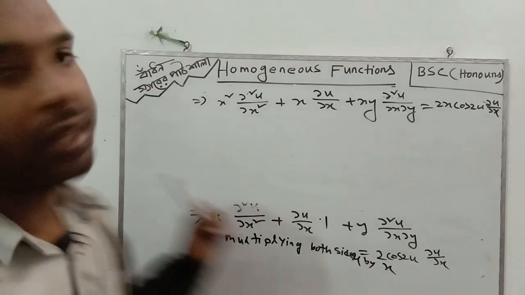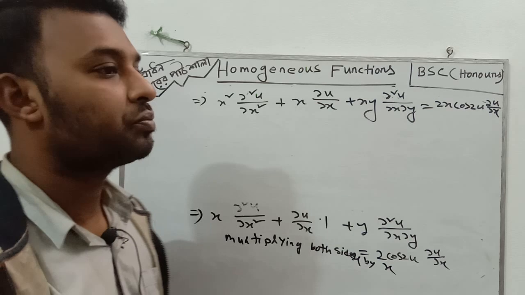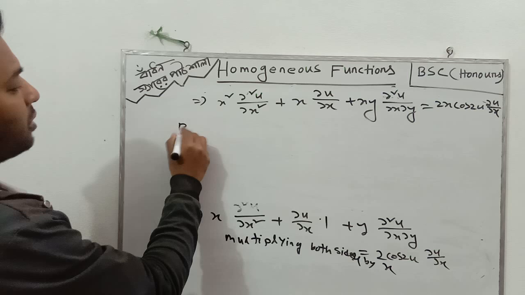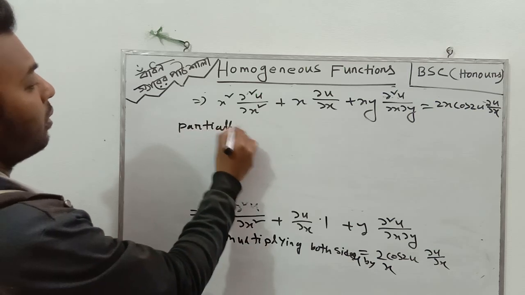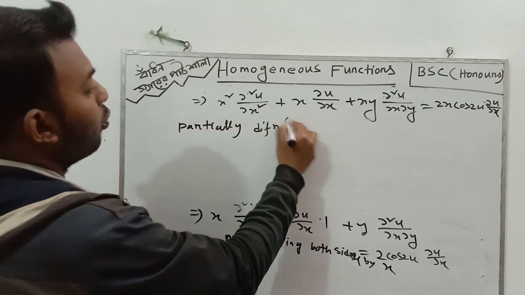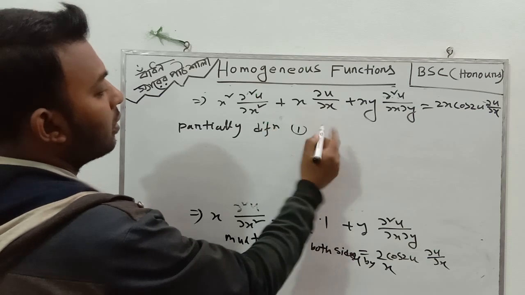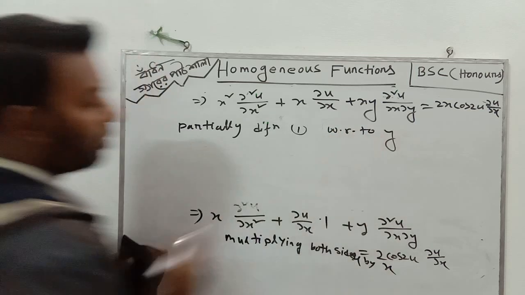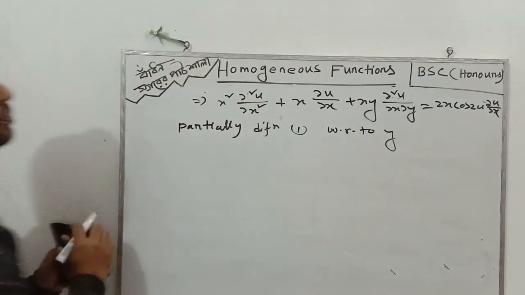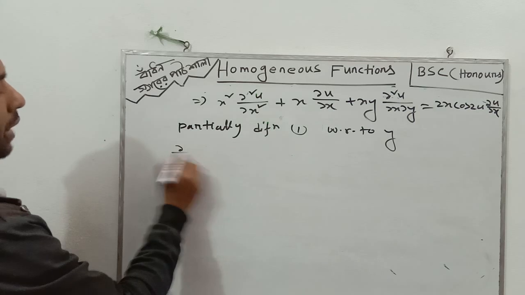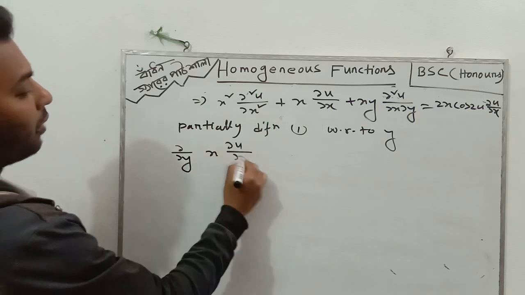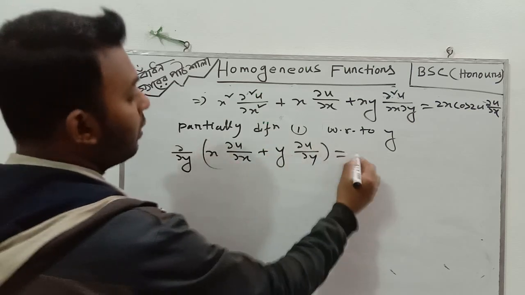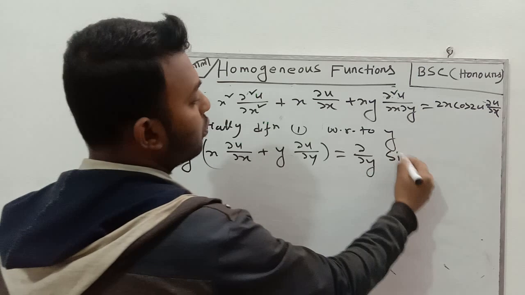Now we have to differentiate equation number 1 partially with respect to y. So partially differentiating equation 1 with respect to y, we have ∂/∂y of x ∂u/∂x plus y ∂u/∂y equals ∂/∂y of sin 2u.